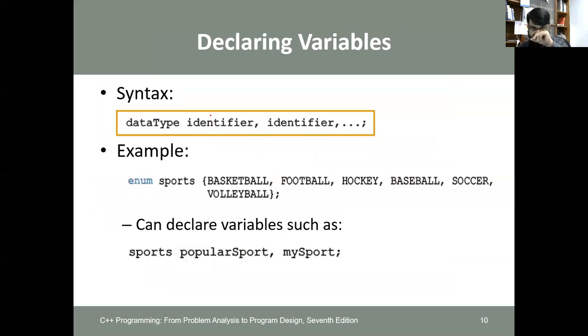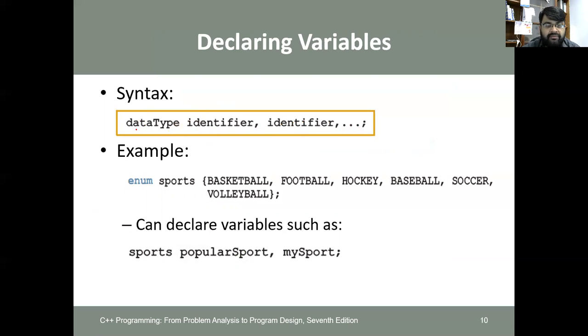So how do you declare variables? Well, the variables are declared in the same way as it is done for any common or simple data type. For example, the syntax here is data type, identifier, comma, whatever it is. For example, you use int a, comma, b, comma, c, or whatever.